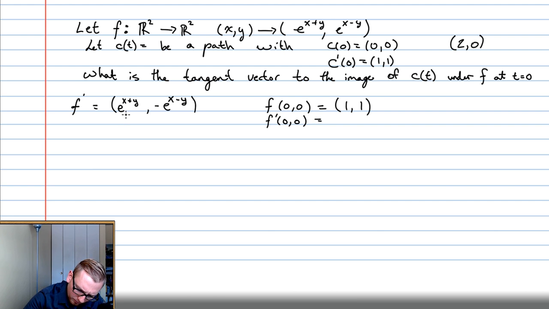It would be, well, 1, negative 1. Tangent to the vector of the image under f at t equals 0. Tangent to the vector would mean the derivative.